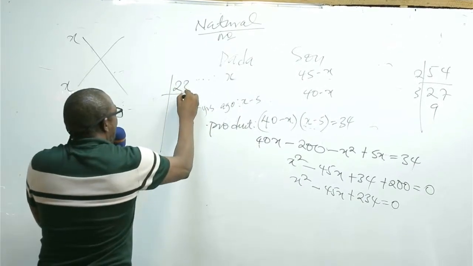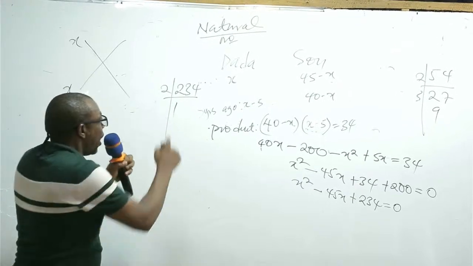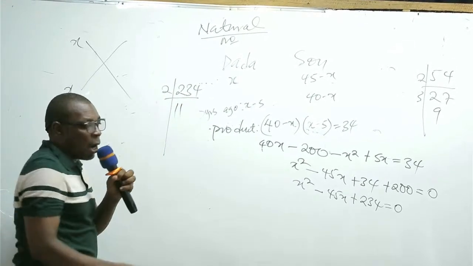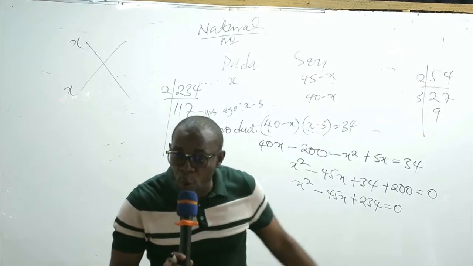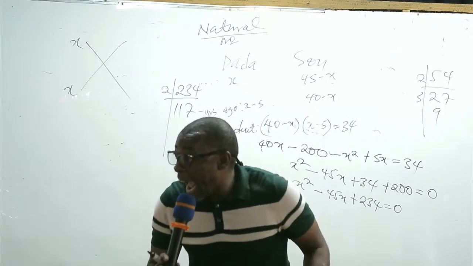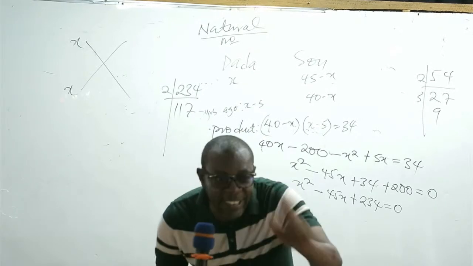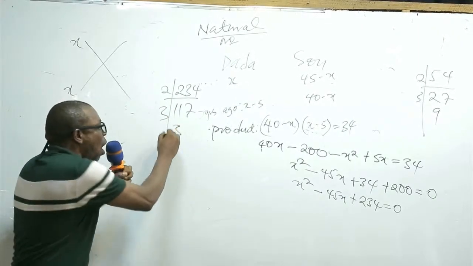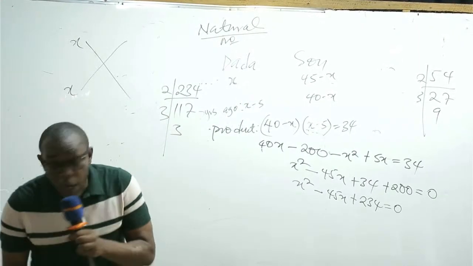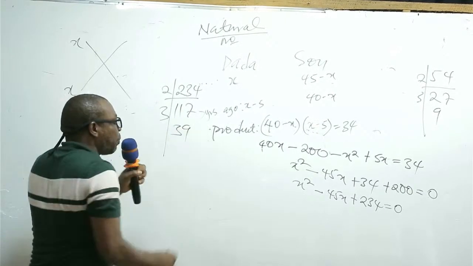One only. 2 can go. 2 here is who? 2 here is who? 2 here is who? The last time I checked, 2 cannot go to that number. I add 1 plus 1 plus 7. What is it? 9. 3 can divide 9. So 3 can go here. 3 into 11 gives me what? Remainder 2. Now I add there, becomes what? 27. Here gives me who?